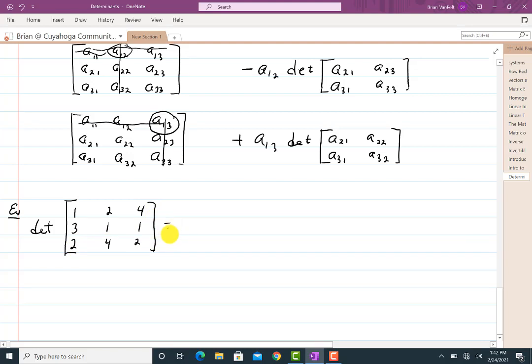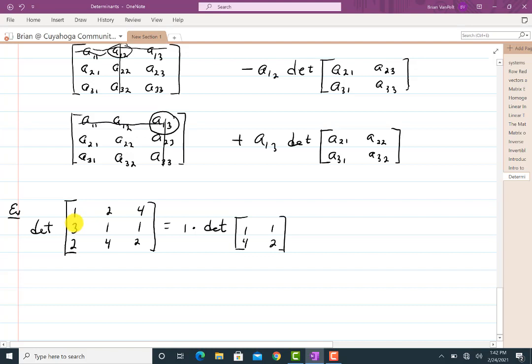And what I do is I run across the top row. So I start with this 1 times the determinant of a 2 by 2 matrix. And what you do is you strike out its row and its column, and what's left is what you're going to find the determinant of. Now let me take away those if I can.